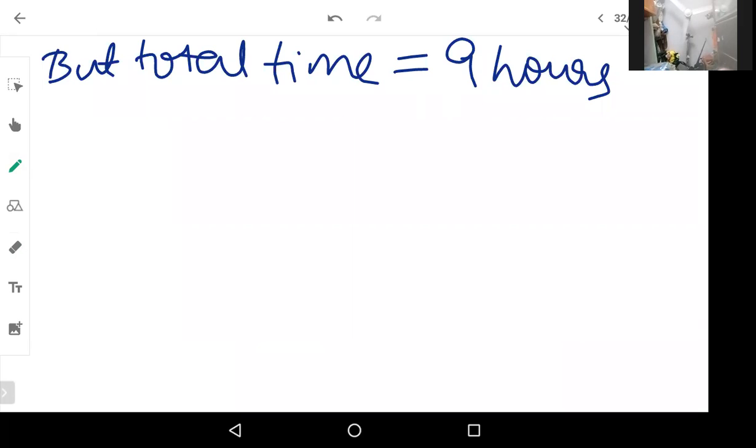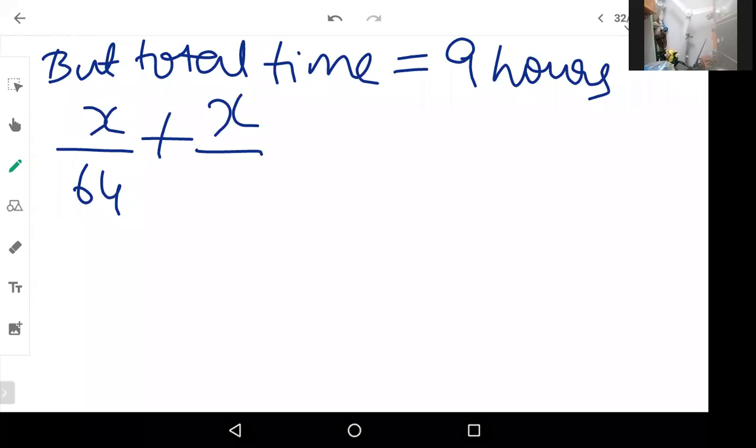Total time 9 hours means he traveling from Bangalore to Madras is x by 64 and from Madras to Bangalore is x by 80, not 64, 80, is equal to 9 hours. Now I got an equation here. Now let us solve this equation.